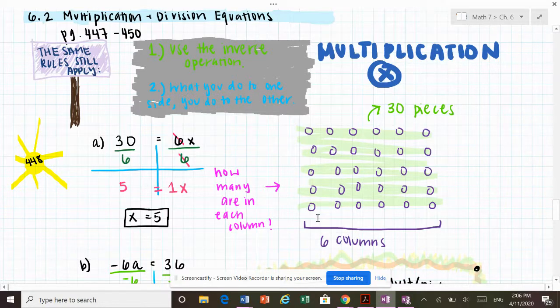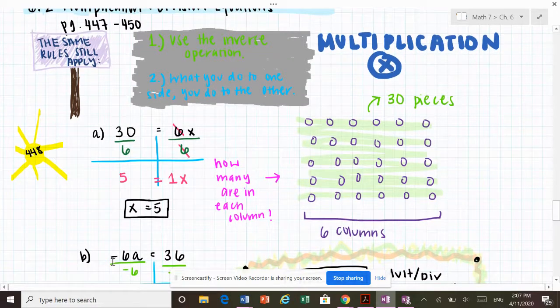So I put 6 columns here: 1, 2, 3, 4, 5, 6. You also could have done 6 rows. Because I have 6 columns, I wanted to know how many rows will make 30. There are 1, 2, 3, 4, 5 rows. So 5 rows of 6 columns will give me 30 pieces. And that would give me x equals 5.